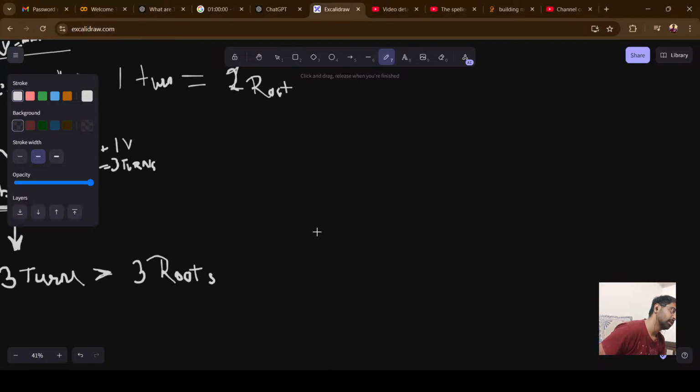But now what are roots, right? Let's say I have a quadratic equation of 3x square minus x plus 3 equals to 0.